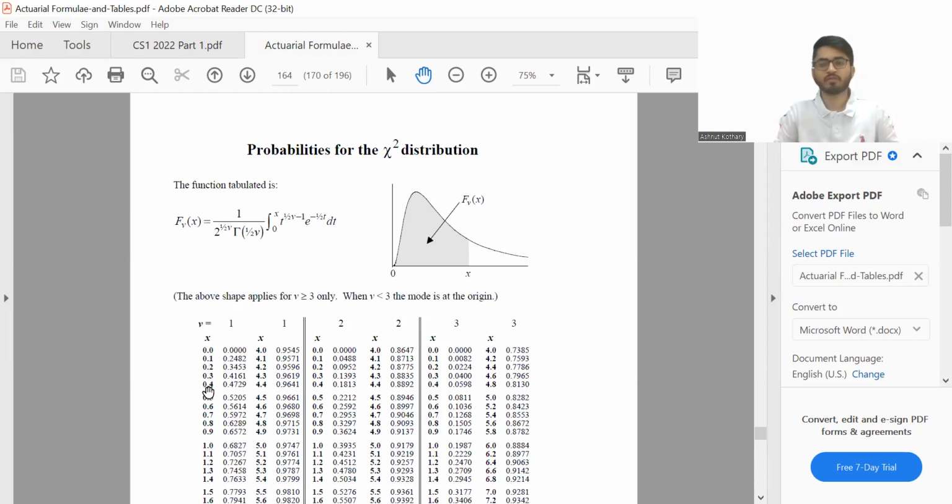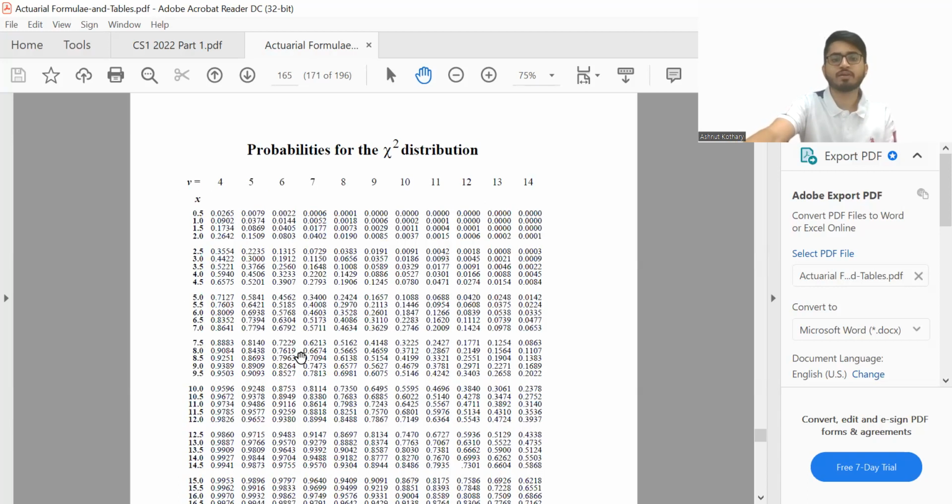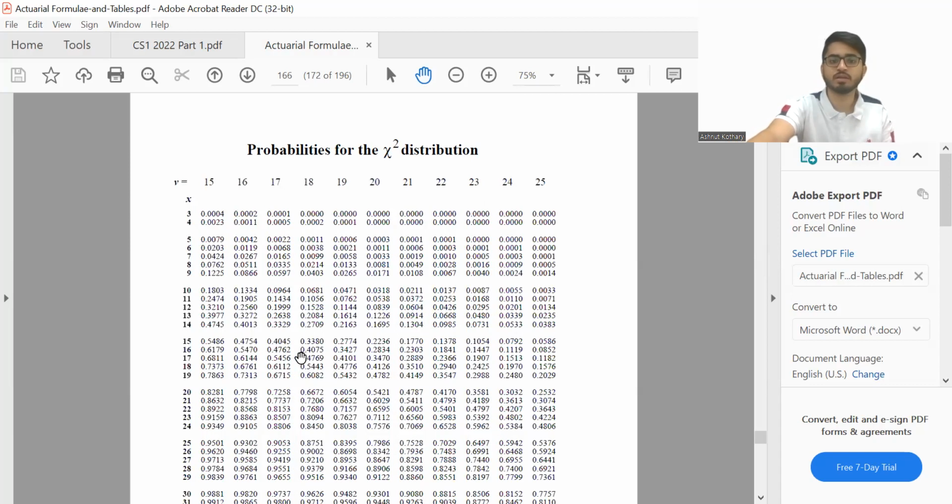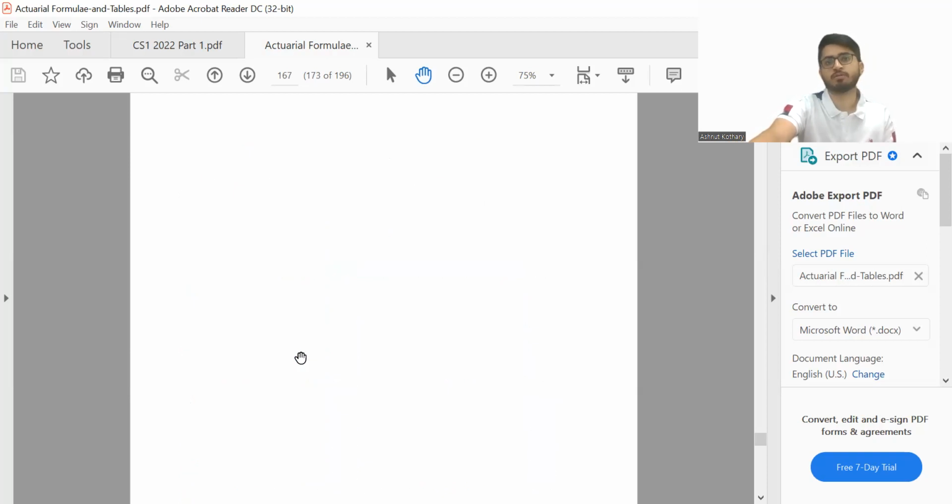You have different values of X. What this is giving us is the probability that chi-square is less than or equal to X. If I want to read this value, probability chi-square 1 is less than or equal to 4 is nothing but 0.9545. That is the way to read this out. Now, if we go to the next page, you will have different values of X from 4 onwards till 14. Again, in the next page, you have it from 15 till 25, and so on.